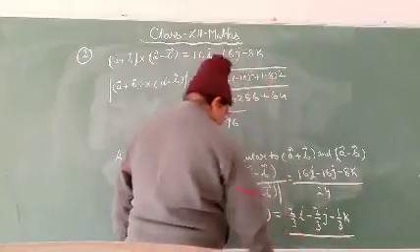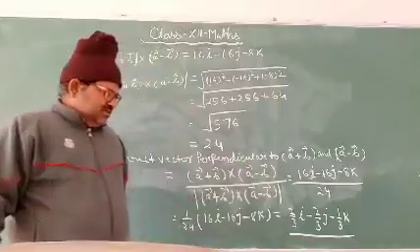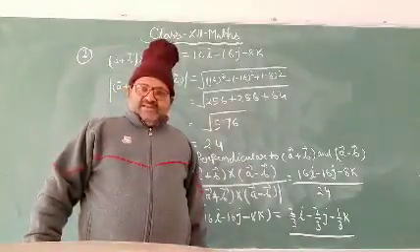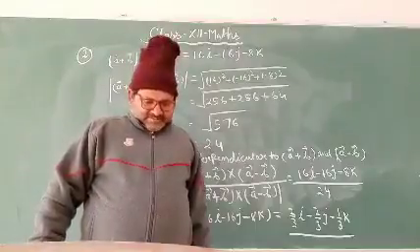This is the unit vector perpendicular to the vectors A plus B and A minus B. Clear?